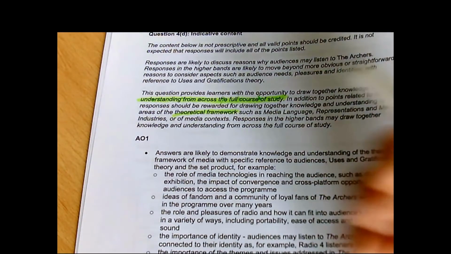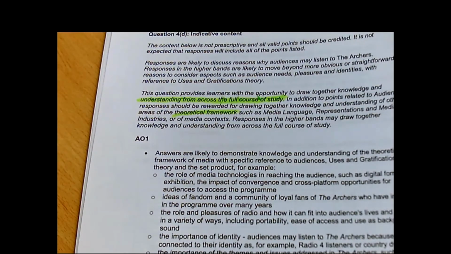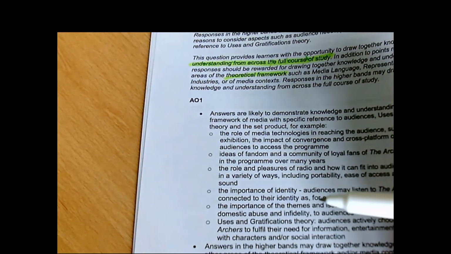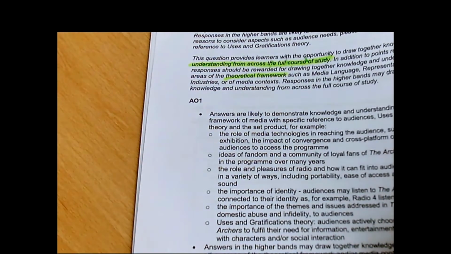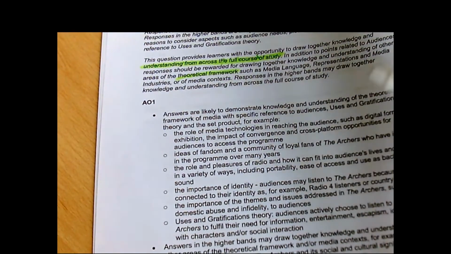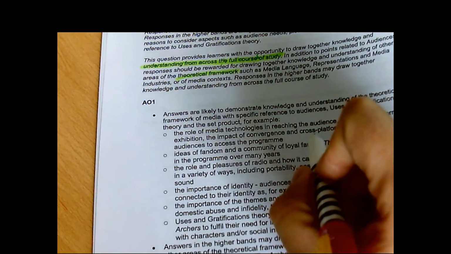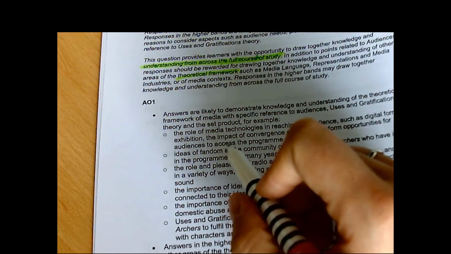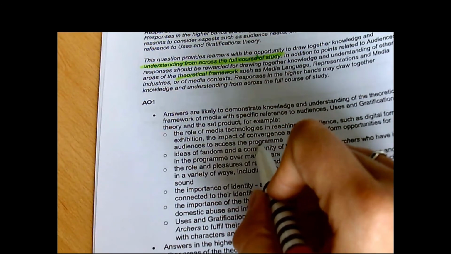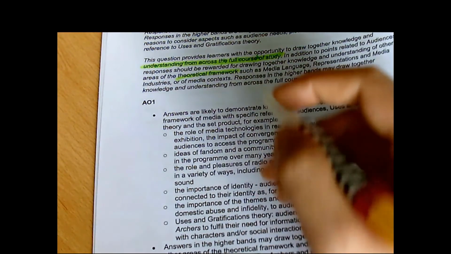What I'll do here is indicate just where the straightforward answers are. We're not necessarily looking at straightforward or complex, but we'll pick out the ones that are straightforward. Answers are likely to demonstrate knowledge and understanding of the theoretical framework of media with specific references to audiences, uses and gratifications theory in the set product, for example, the role of media technologies in reaching the audience, such as digital forms of exhibition, the impact of convergence and cross-platform opportunities for audiences to access the programme, ideas of fandom and the community of loyal fans for the Archers who have invested in the programme over many years.